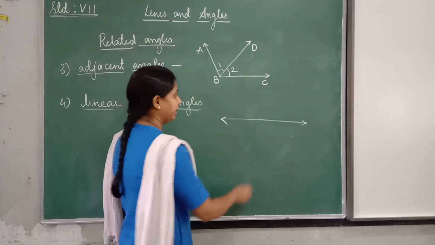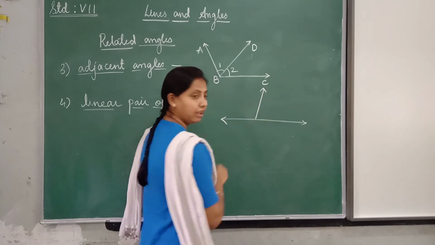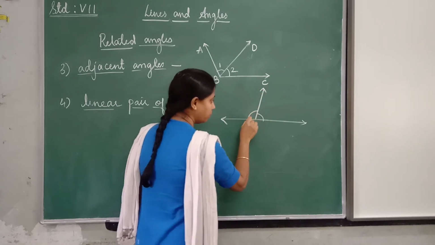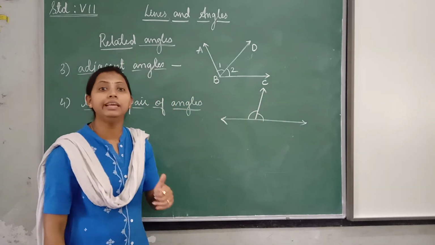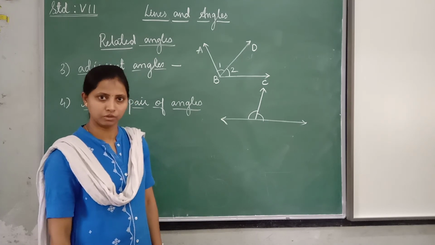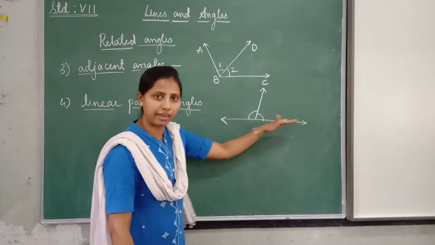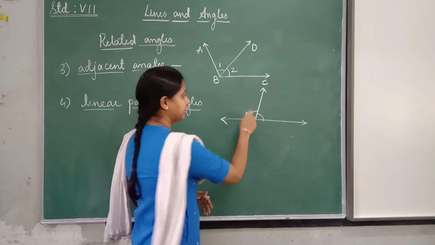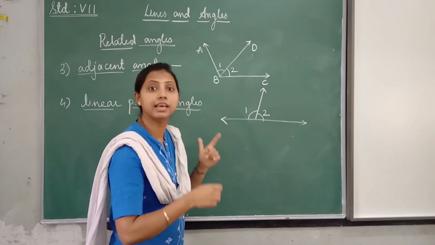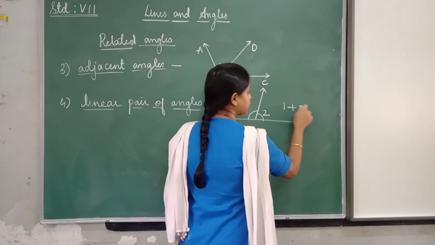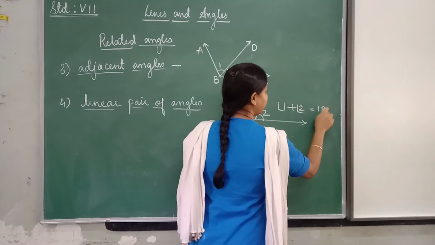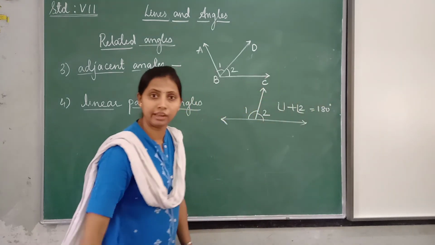On a straight line, when a ray is standing, the two angles formed are said to be a linear pair of angles, children. The sum of these two angles is exactly 180 degrees: angle 1 plus angle 2 is exactly 180 degrees.